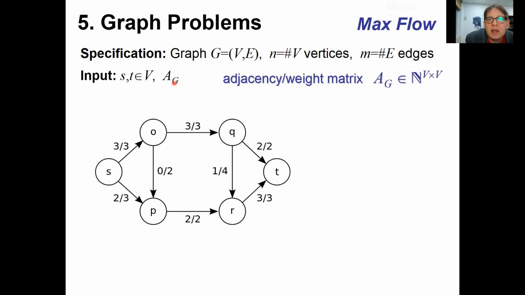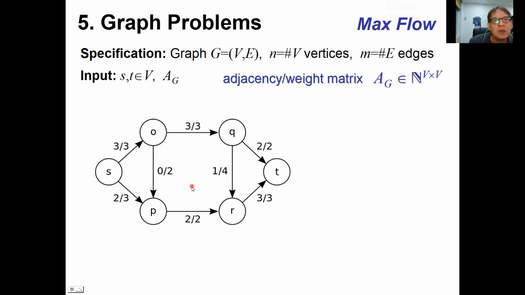So the input is the graph, and the graph is weighted. Namely, the second numbers are actually the edge weights, non-negative integer edge weights. The first numbers are not part of the input. Let me emphasize that, it's important. The second numbers are part of the input.